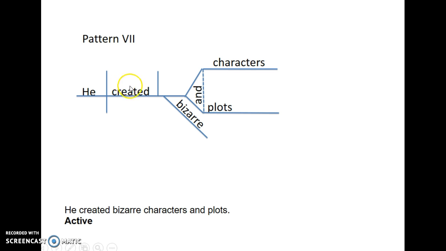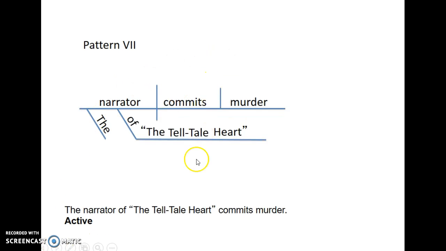So we have subject, action verb, direct objects, again, a pattern 7. Another fairly straightforward construction, we have narrator here, and he is doing the action of commit, and murder is the object. So that's the pattern 7, and then we can just put the definite article and the prepositional phrase in to clarify what narrator we're talking about.